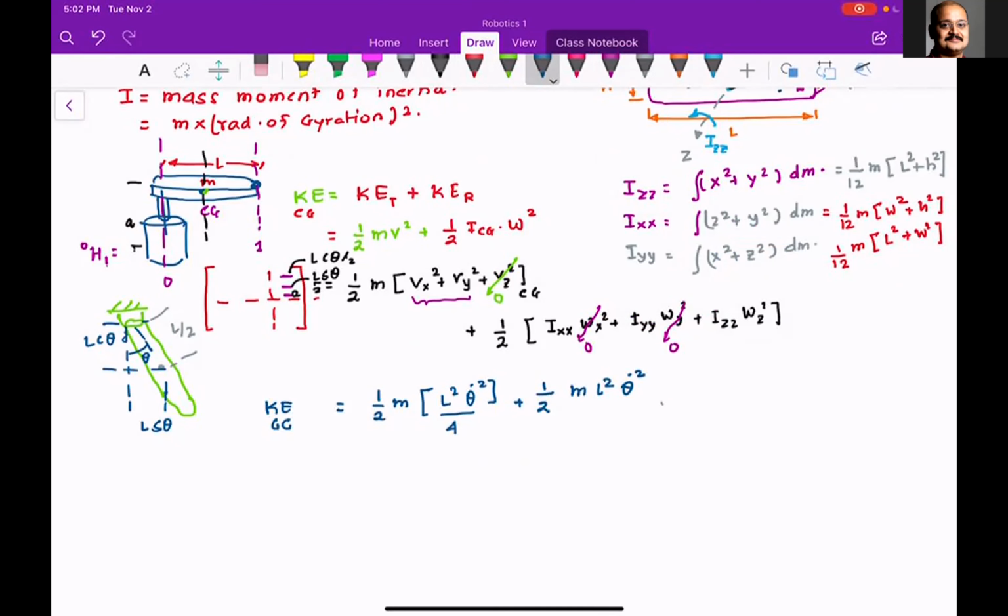Two questions. Where did the 1/12 go? Oh, yeah, it should be 1/12. So it'd be 1/2 times 1/12. Correct. I got carried away here.